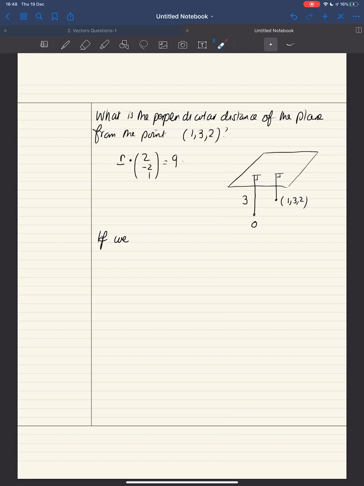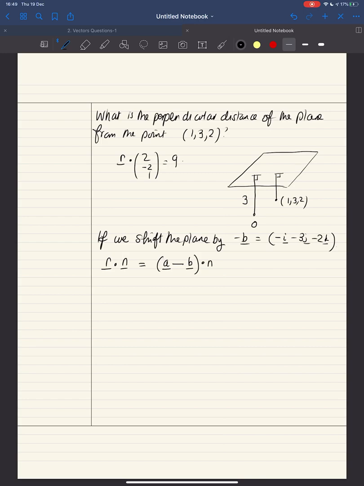Okay. So if we shift the plane by -b, which is -i -3j -2k, then instead of r dot n equals 9, it's going to be r dot n equals (a minus b) dot n.